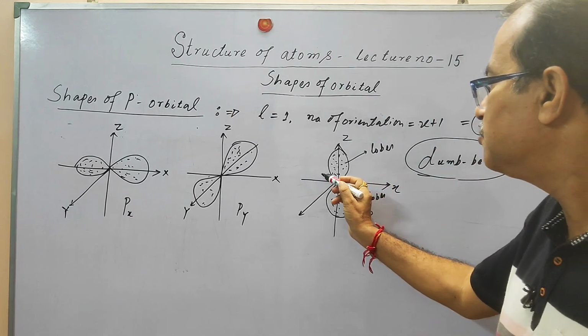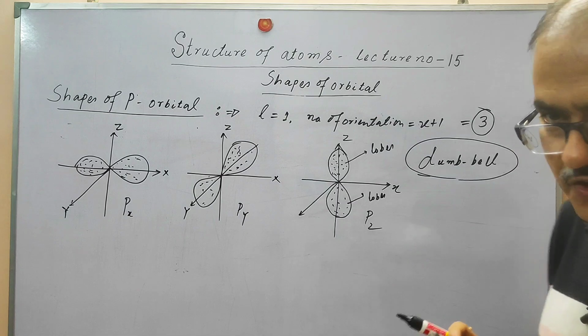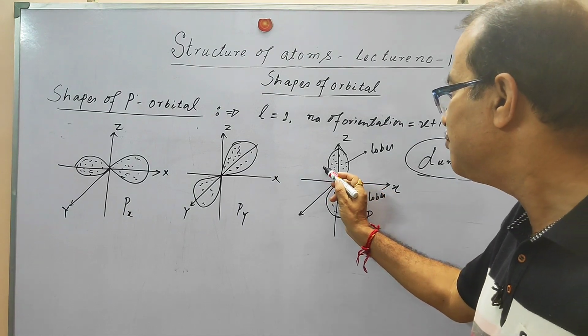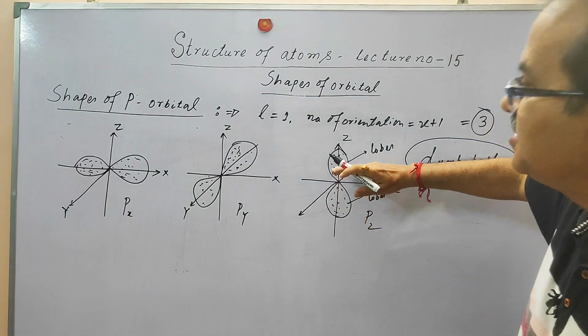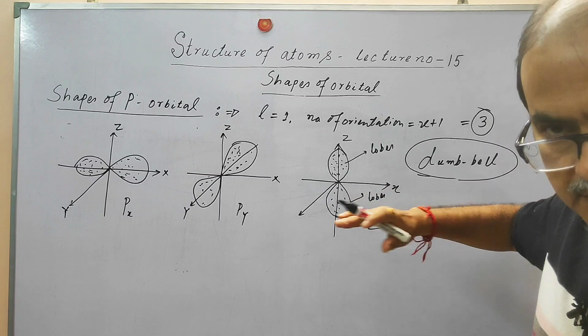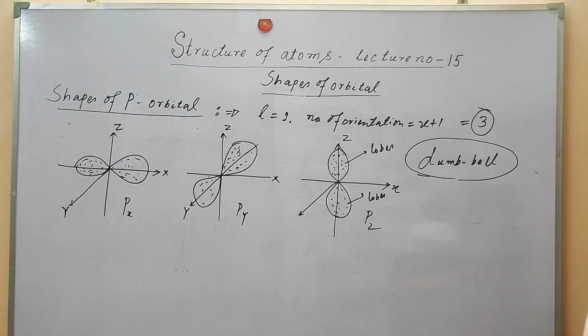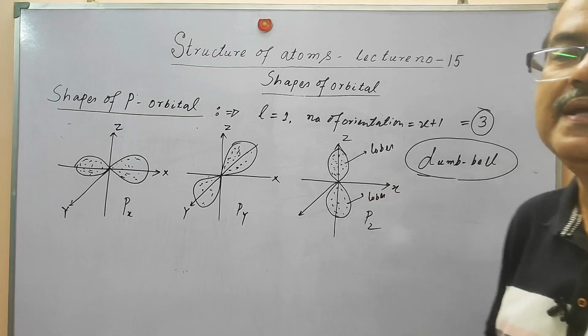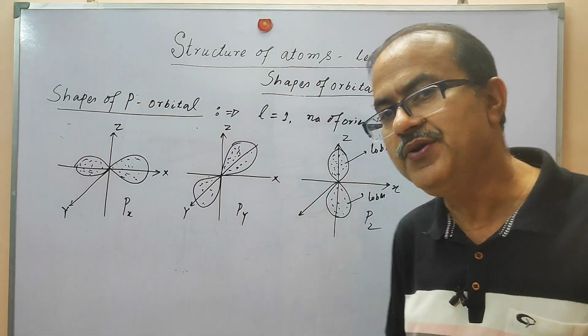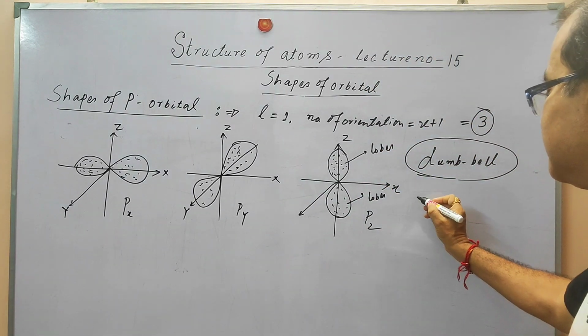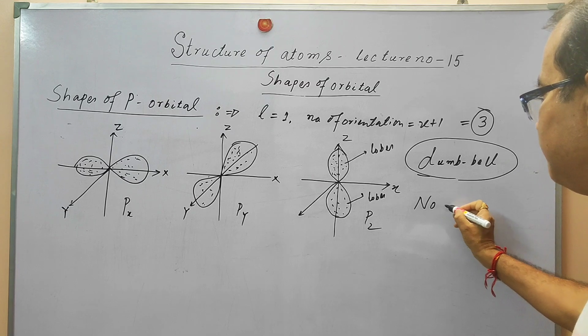If you draw a mental picture, a plane passing through this axis, through the nucleus, you find a plane where there is no probability of finding the electron. It is called the nodal plane.